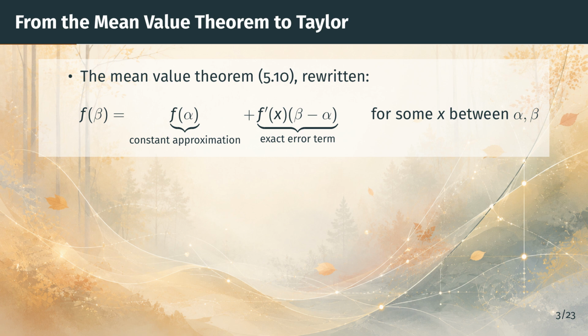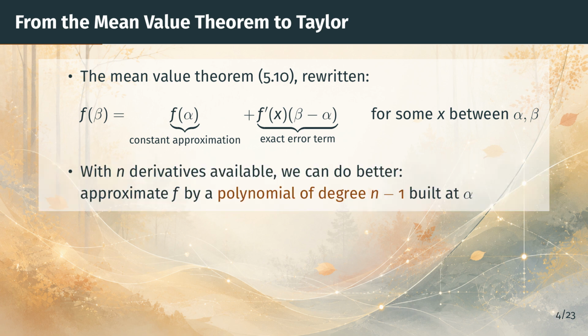The labels under the braces spell out the new reading. f of alpha is a constant approximation to f near alpha, and the second term is an exact error term, the first derivative at some intermediate point times beta minus alpha. A crude approximation, but with a perfectly precise error formula. That precision is what we want to keep.